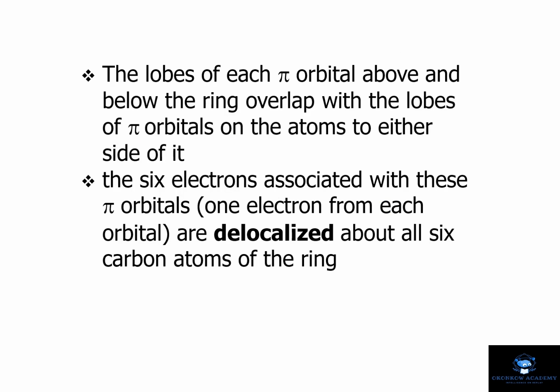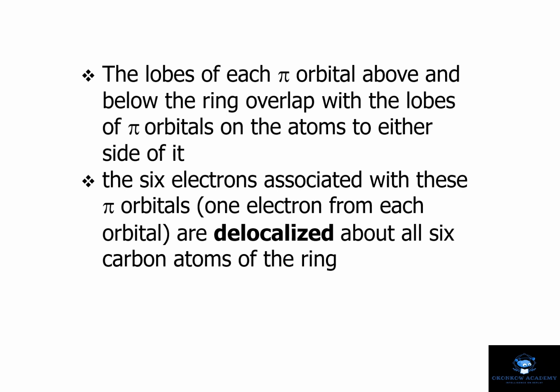The lobes of each pi p orbital overlap with the lobes on adjacent carbon atoms. So all six p orbitals overlap continuously around the ring, and the six pi electrons are fully delocalized.